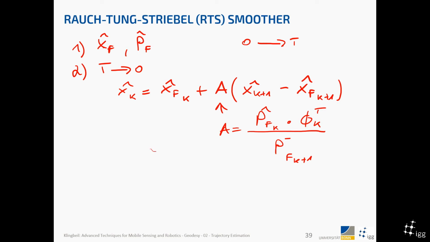The result is actually equivalent to the forward backward filter, but it's a much more efficient algorithm. And this is an algorithm which is used usually in GNSS IMU integrations where smoothing can be applied, which is usually the case if you're not in real time.